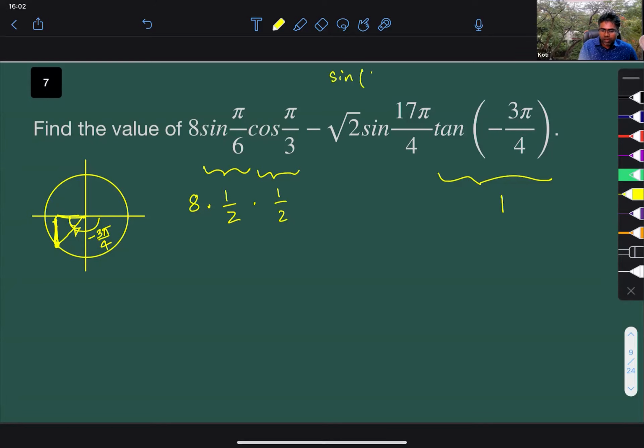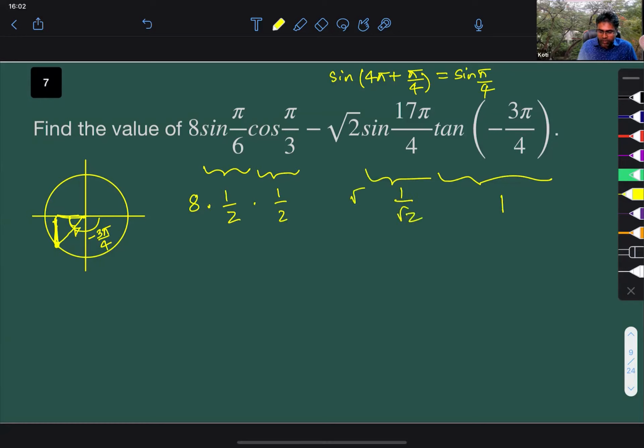So that will be 4 pi plus pi by 4. So 4 pi is just a multiple of 2 pi, so that doesn't affect the sine output. So it is as good as sine pi by 4, which is 1 over root 2.